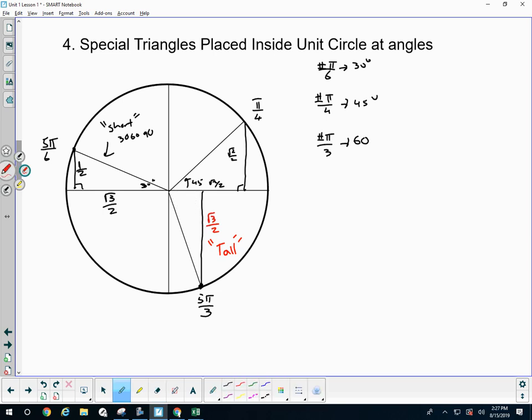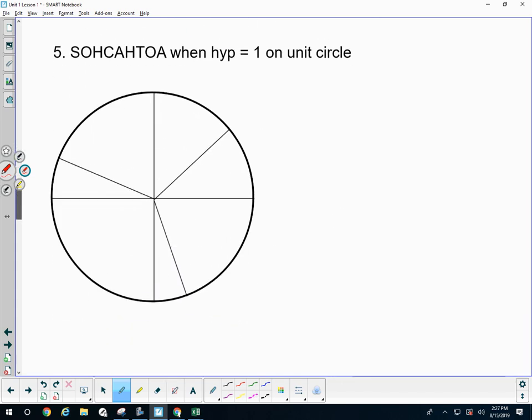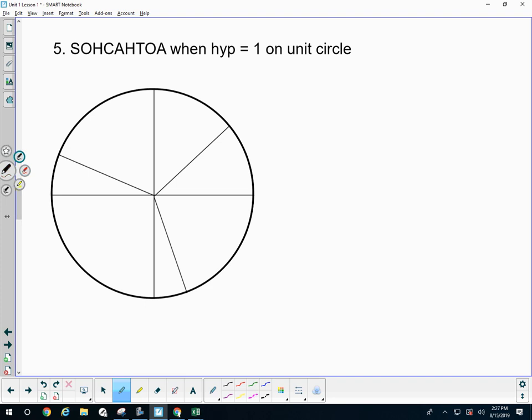So this is important. Understanding that we can place right triangles in this circle is key. Combining that with this fact is going to put it all together when I draw my triangles and understand my angles created with the x-axis.